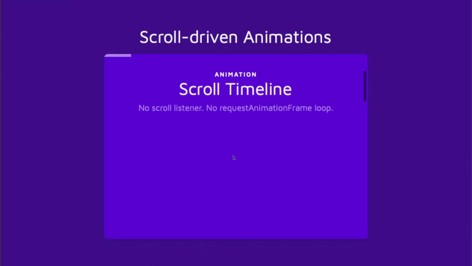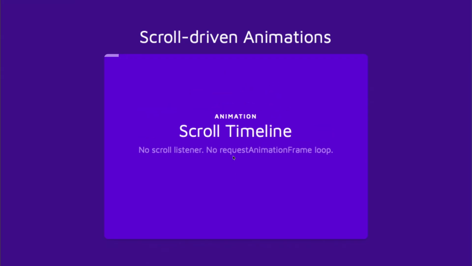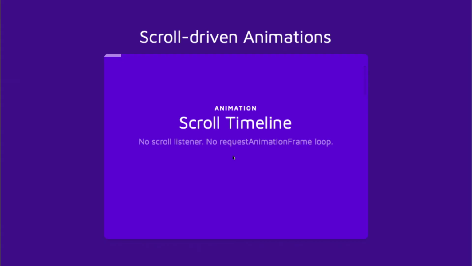It's really nice. No scroll listener, they're very expensive. No requestAnimationFrame loop. No observer. I mean, it's really awesome that we have this kind of thing, but we can use JavaScript for other things and not for that.